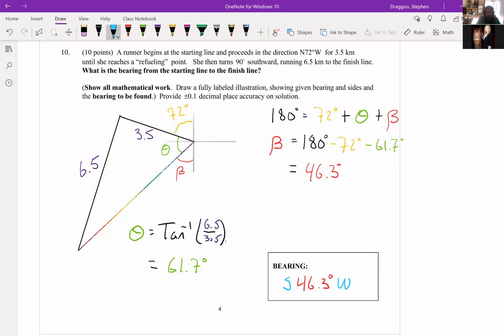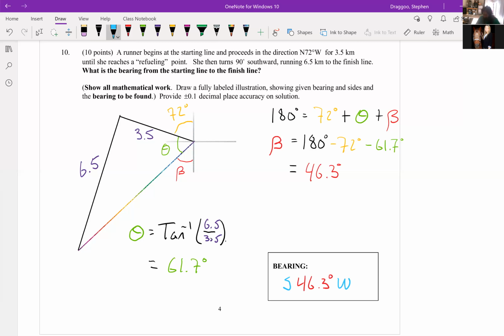And then, can you go over determining the south or west of the bearing? Yeah, definitely. So when I'm coming up with a bearing, a bearing is made up of a couple pieces. It's made up of an angle and a compass heading.